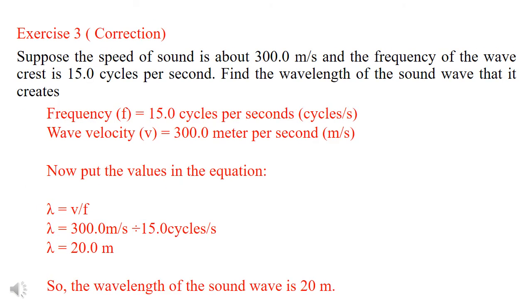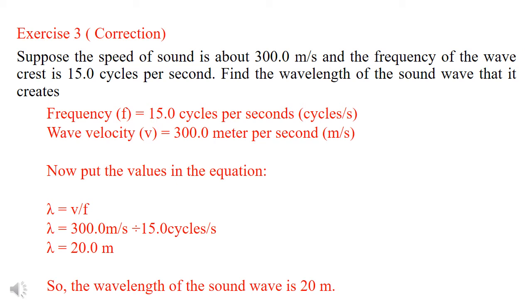Exercise number 3. Suppose the speed of sound is about 300 meters per second and the frequency of the wave crest is 15 cycles per second. Okay, we have frequency 15 hertz, we have the speed, velocity, 300 meters per second. Find the wavelength of the sound waves that it creates. Write the general formula.